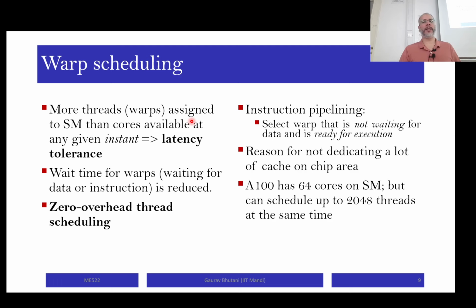So for example, the A100, which is a decent GPU, has 64 cores, as we just talked about, but it can schedule up to 2048 threads. That's 32 times more than the number of physical cores available. And when I say schedule, that means at the same time. Of course, overall you can schedule many more. It's all about at a given time.